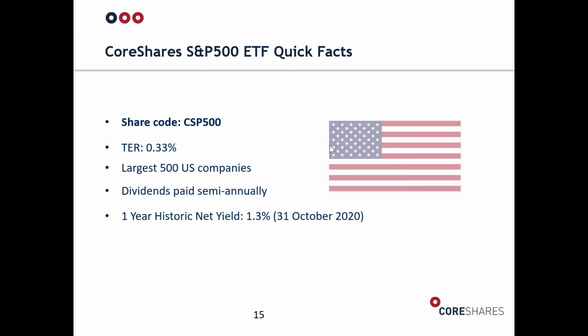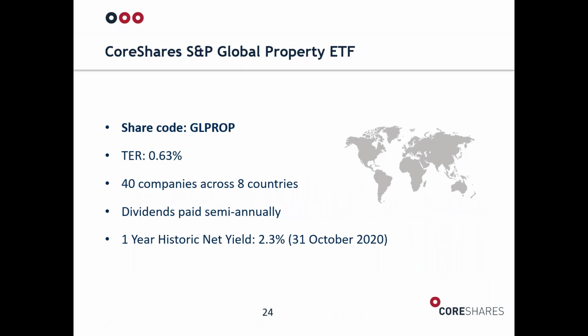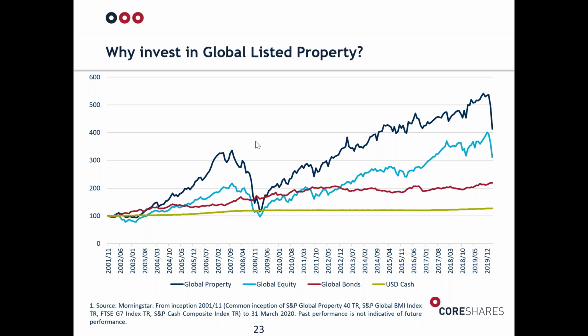And we do have an allocation to property in both of those funds, simply because of this attractive income characteristic. Particularly in the Stable Income Fund, which is designed for people that are in retirement and living off the income from their investments. And so we had property in before the events of this year, and we still continue to hold it because over the long term, this is what property can bring to a portfolio.